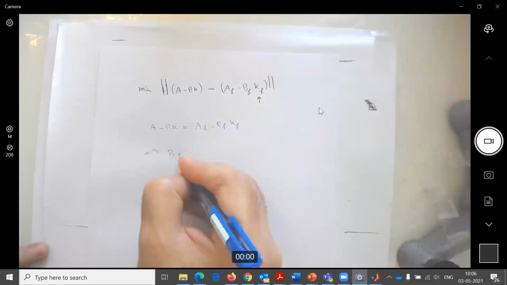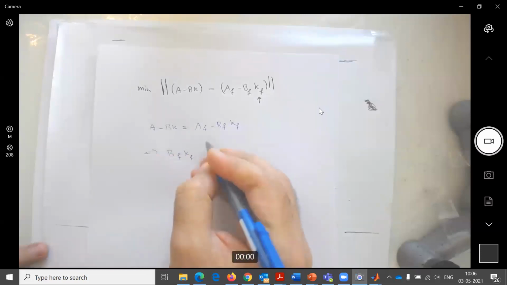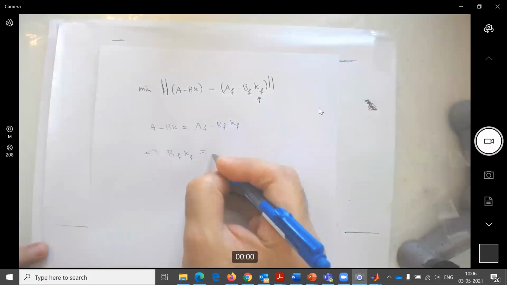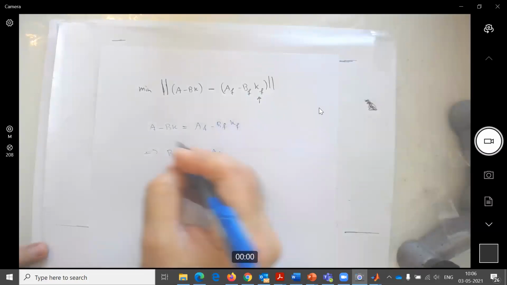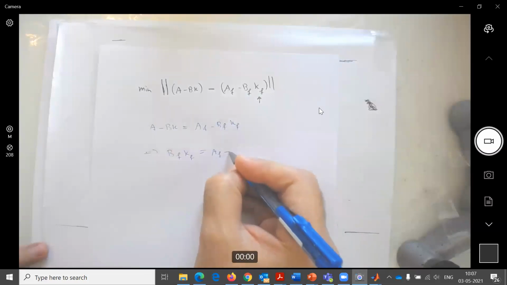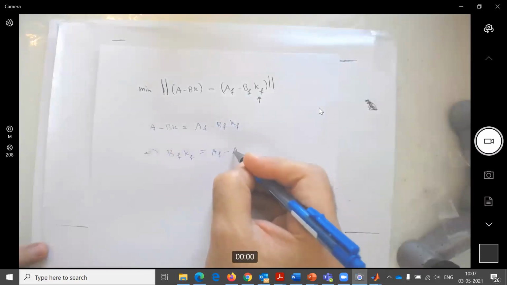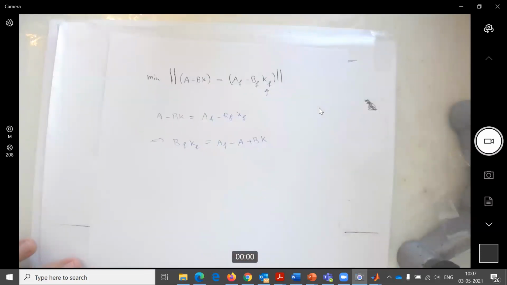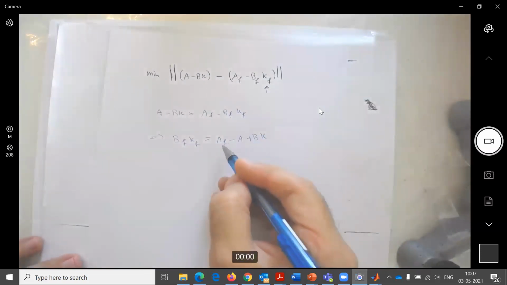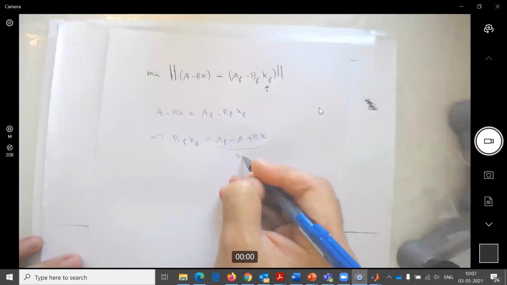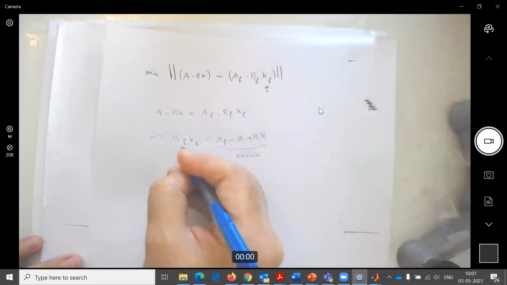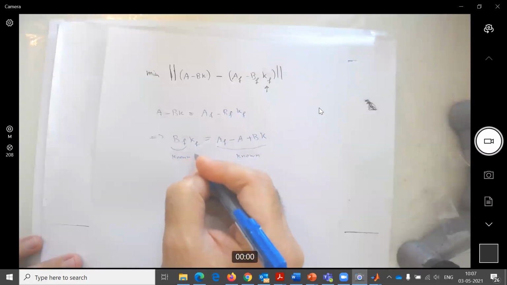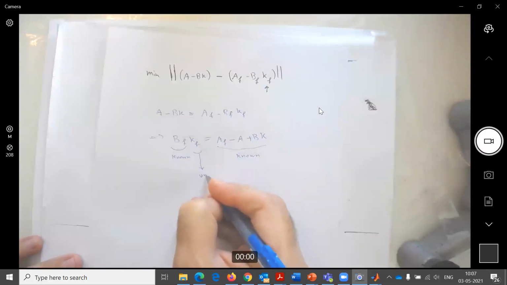On the left side we have BF KF. On the right side we will have AF, minus A, plus BK. This is known, this is also known, and KF is unknown.